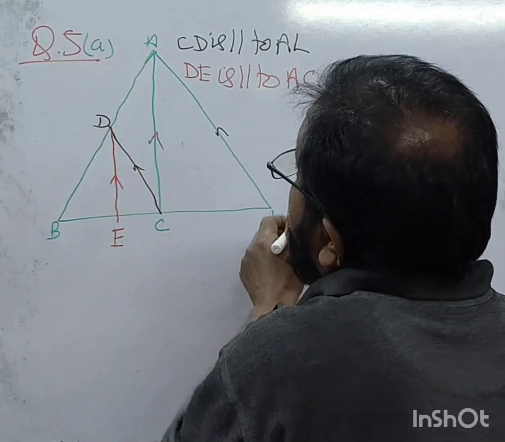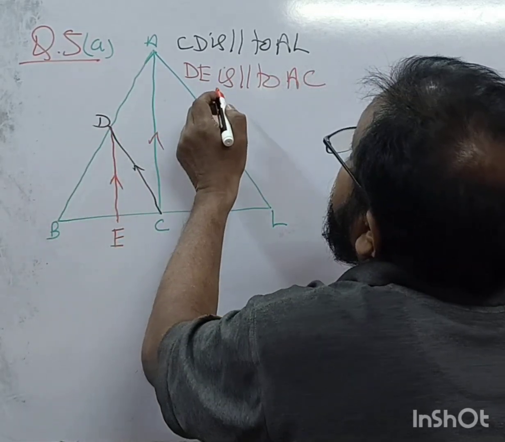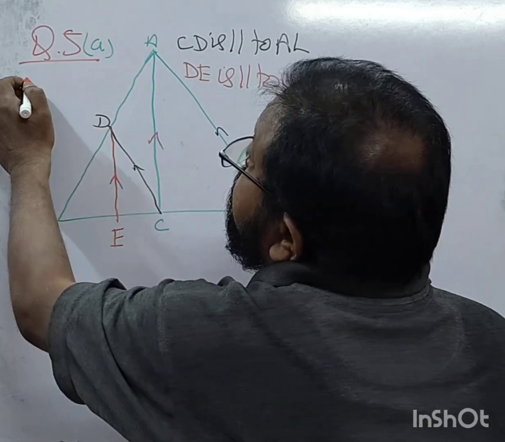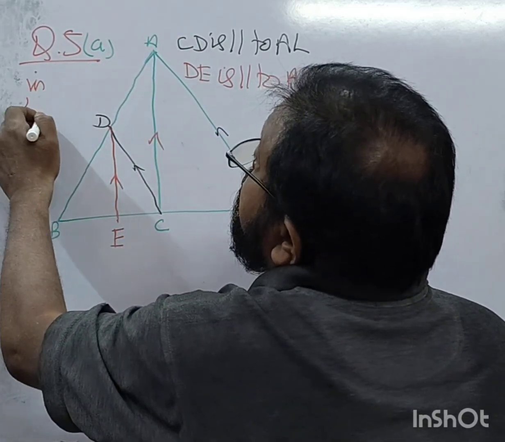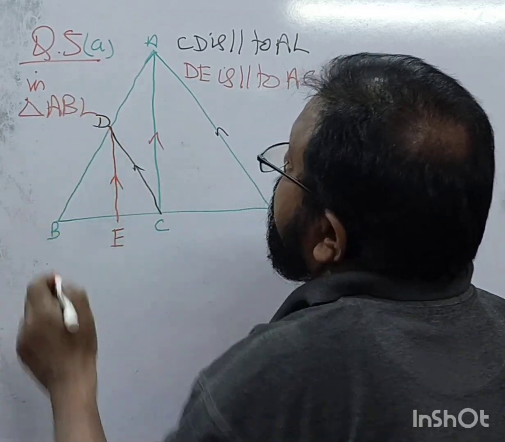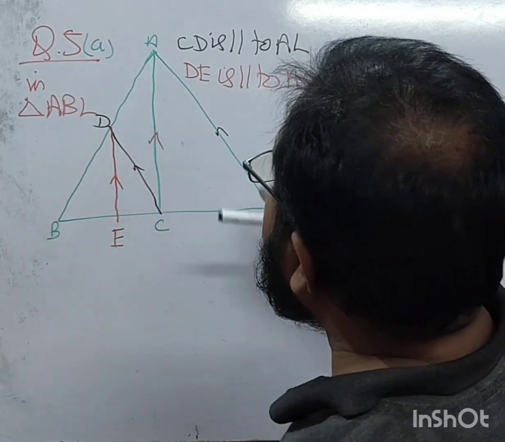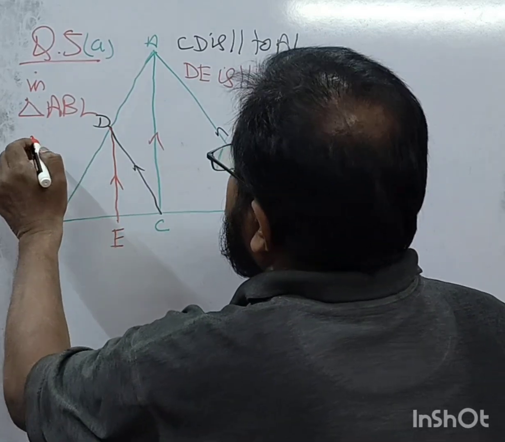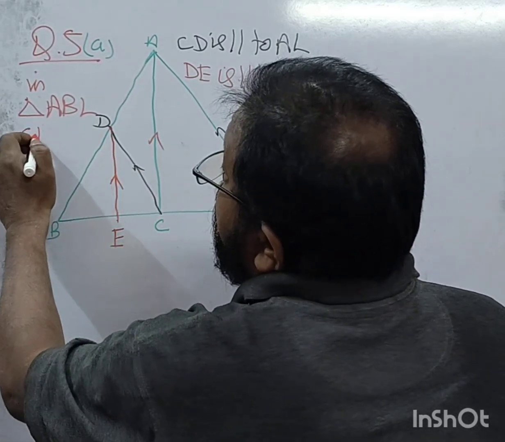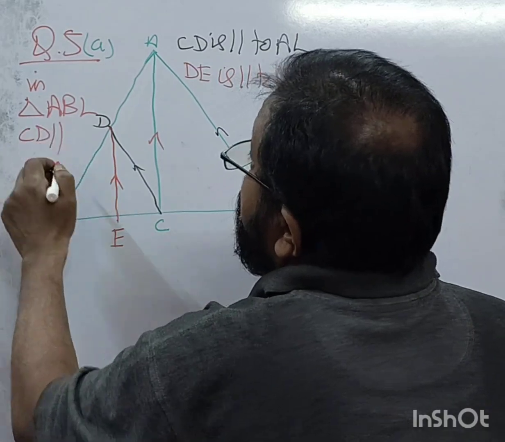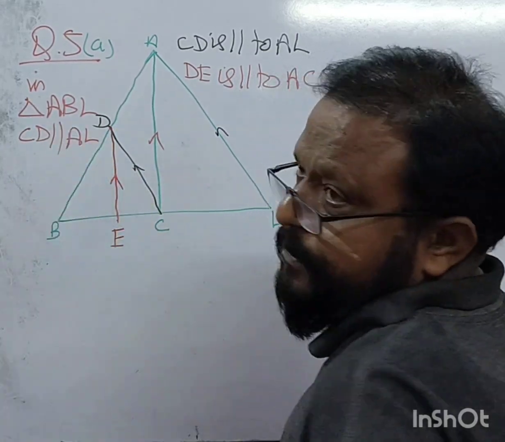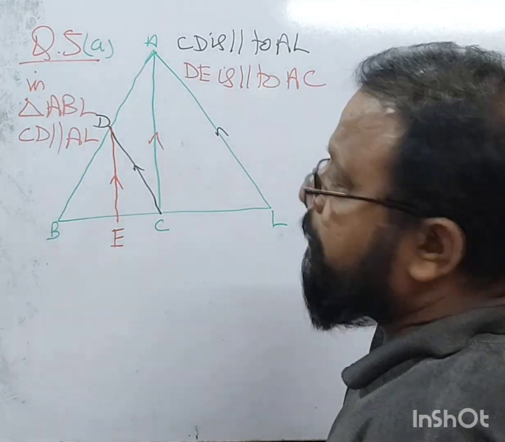In this diagram, in triangle ABL, CD is parallel to AL, right?